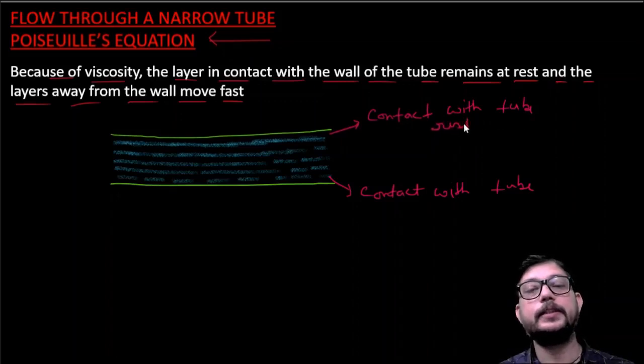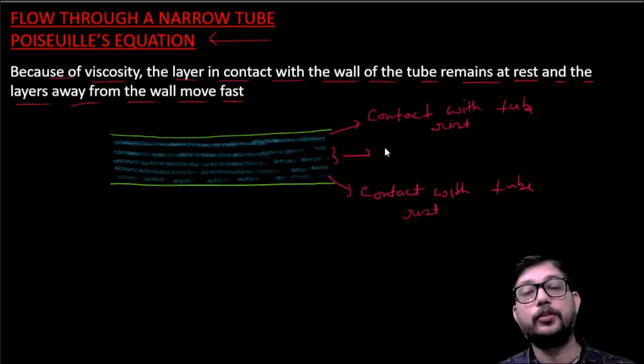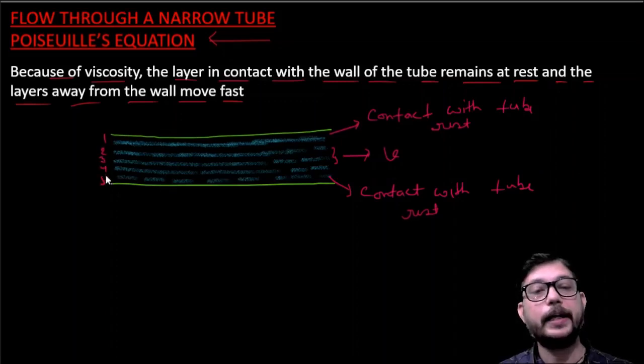The layers in between move with velocity v. If we name the layers number 1, 2, 3, 4 and 5, then layers 1 and 5 will be at rest.